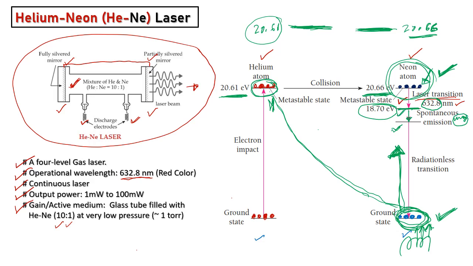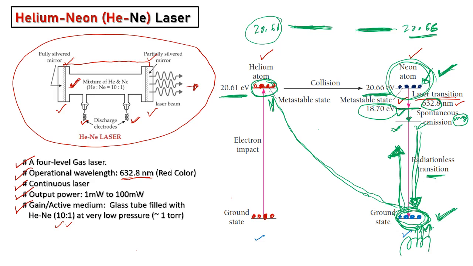So the remaining excitation energy is lost in collision with the tube walls. When the atoms come from this state to the ground state, it is basically a radiation-less transition. That means the atoms are colliding with the walls of the cavity, and during that collision they lose their energy and come to the ground state.